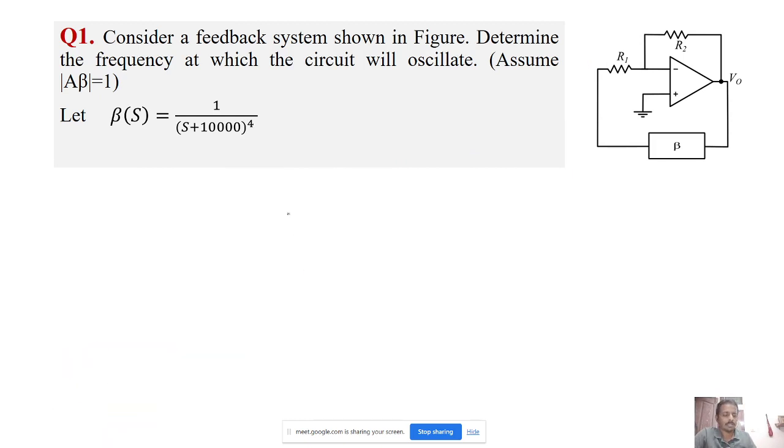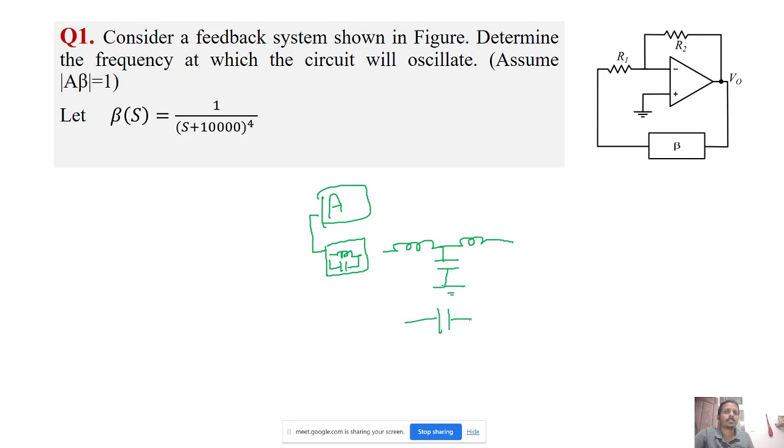There are other circuits also. Instead of this, if I have an amplifier here, there are also tank circuits used with inductors and capacitors. This is one configuration, another is such a configuration in feedback. At a particular frequency, this feedback plus the phase of this A, means forward path, will lead to 360-degree phase shift.